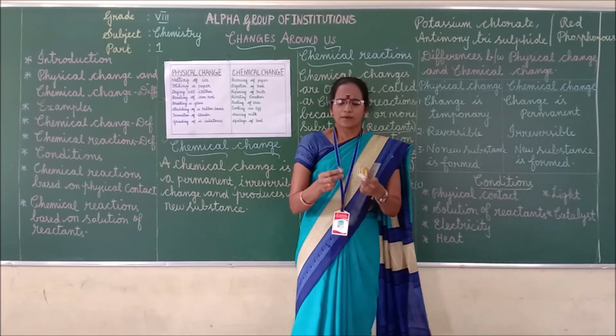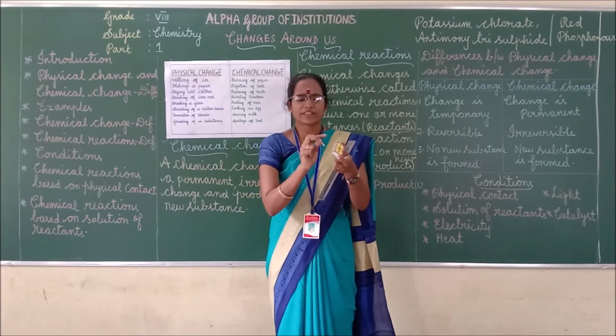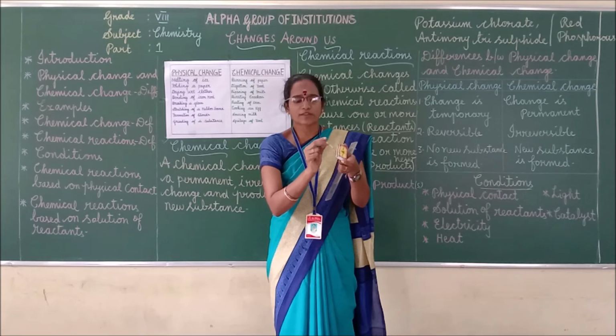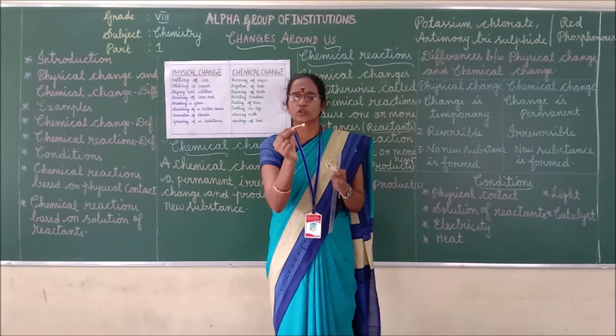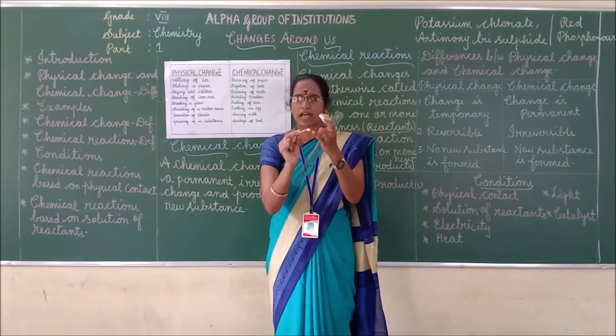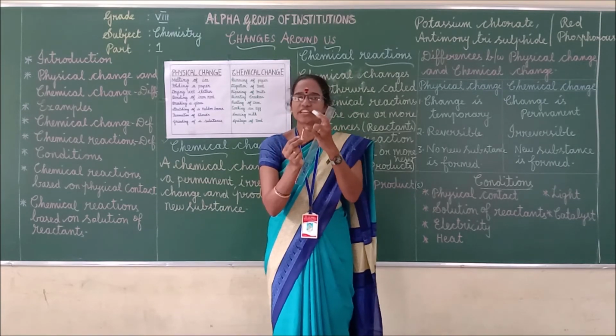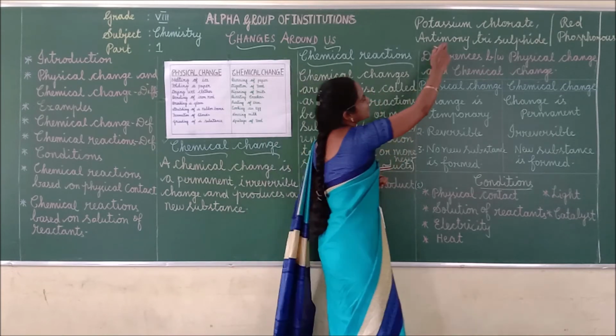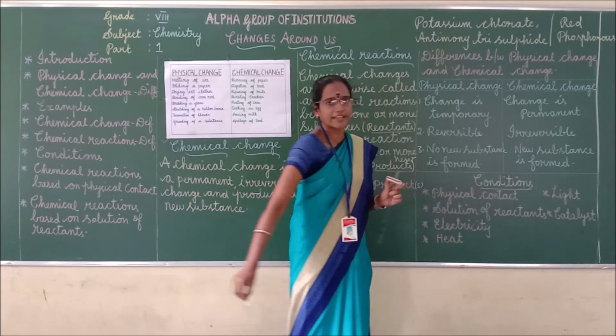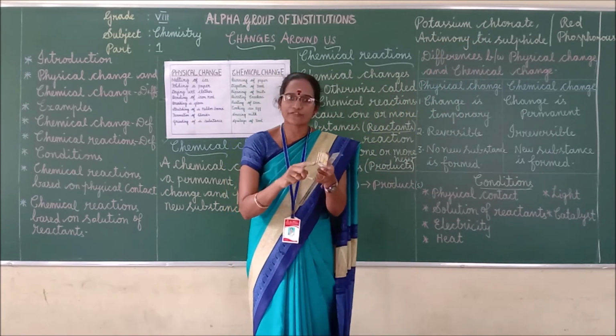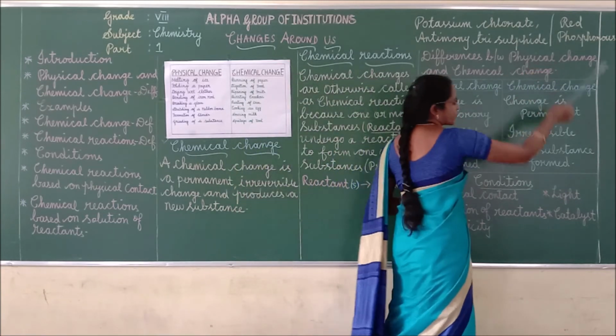So when you strike a matchstick end on the sides of this matchbox, what will you observe? You will see heat, light as well as smoke is formed, isn't it? Because this matchstick end contains potassium chlorate and antimony trisulfide, whereas the sides of the matchbox contain red phosphorus.